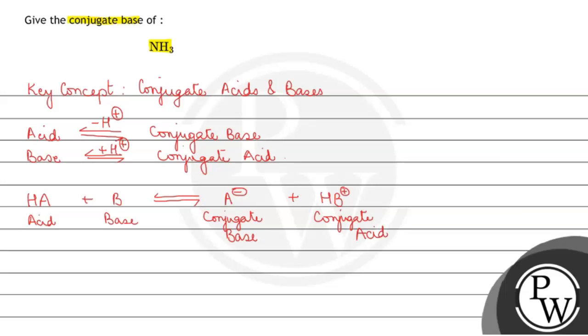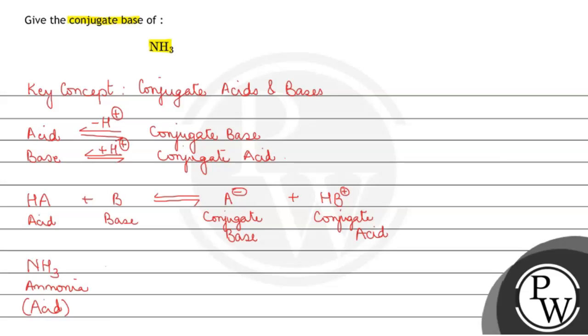अब क्वेश्चन में हमें NH3 molecule दिया है which is ammonia. The question says give the conjugate base of ammonia. अभी हमने ऊपर देखा the conjugate base is formed when a proton is removed from the acid, which means ammonia is the acid here.